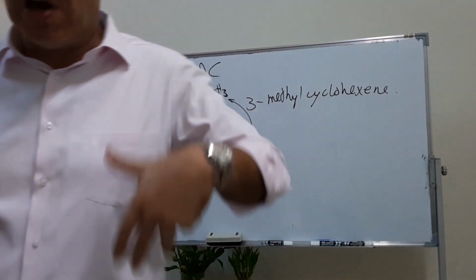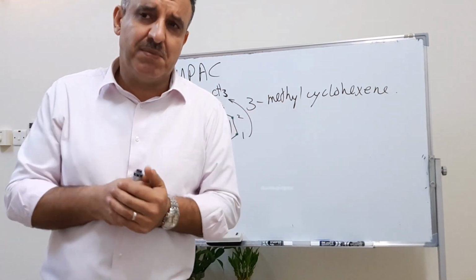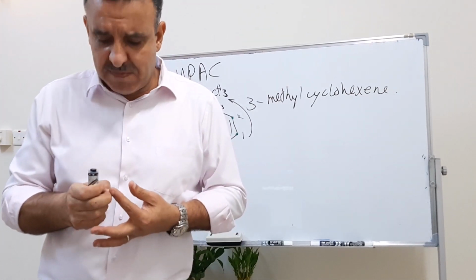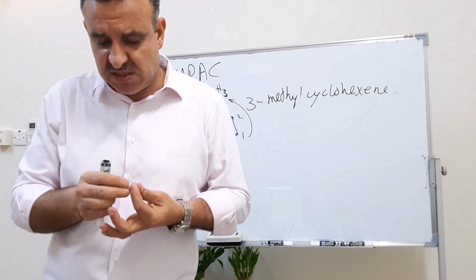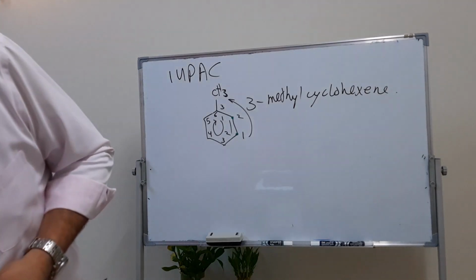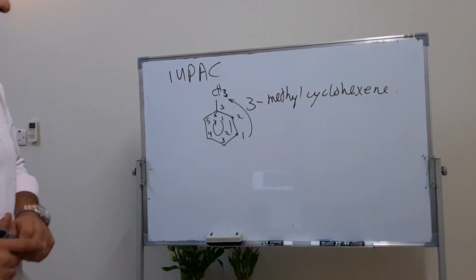So after you give priority to the lowest possible number for the functional group, then we must take into consideration the lowest possible numbers for the substituents. Do you follow me? So the correct name of this compound is 3-methylcyclohexene.